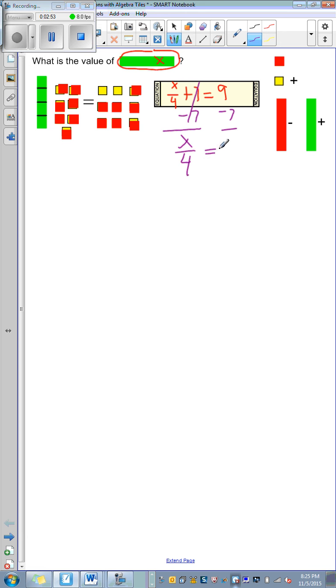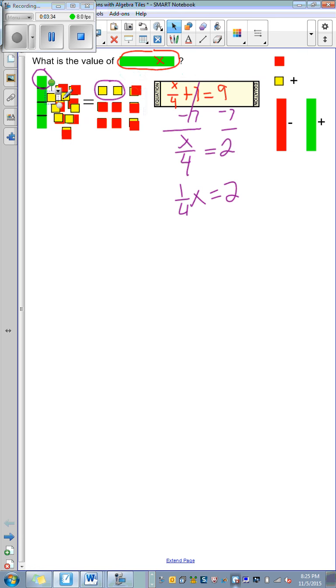If one of those is equal to 2, then each one has to equal 2. So this one would equal 2, this one would equal 2, and this one would equal 2. So in all, you have 1, 2, 3, 4, 5, 6, 7, 8.